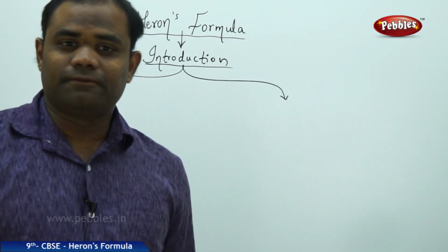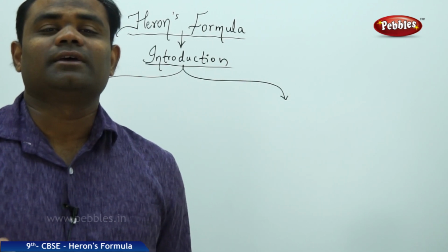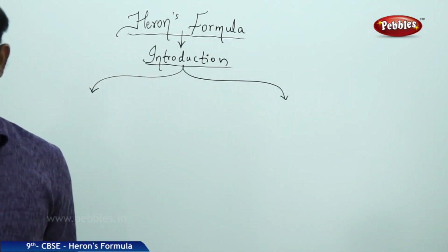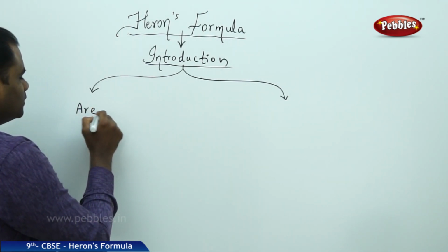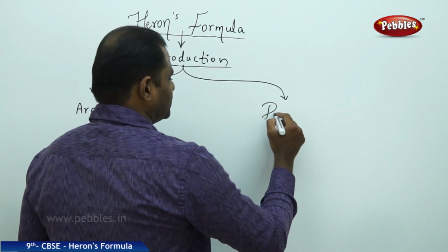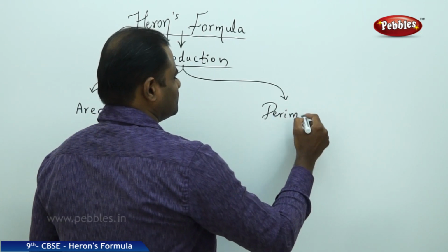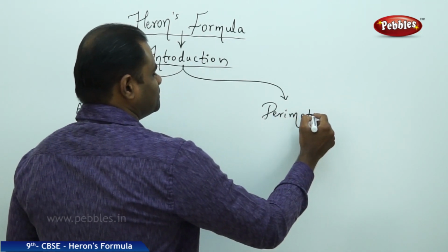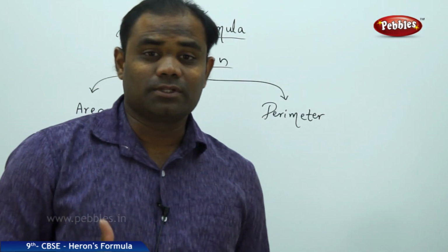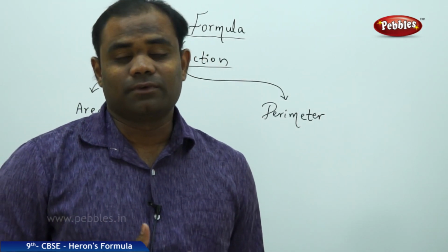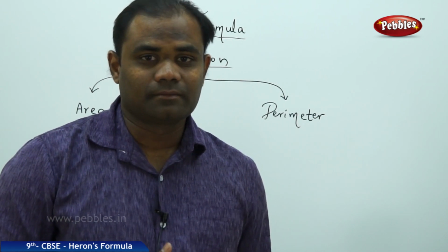Any geometrical figure we first identify in the planar region with two important concepts. One is the area and the other is the perimeter. What is area and what is perimeter is what we're going to discuss in this session.